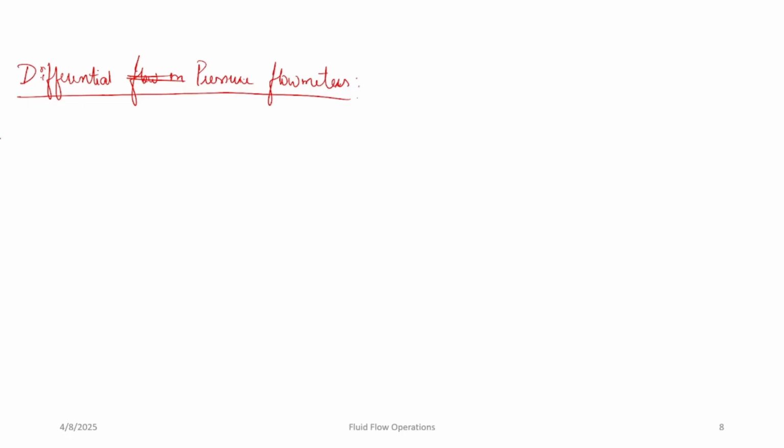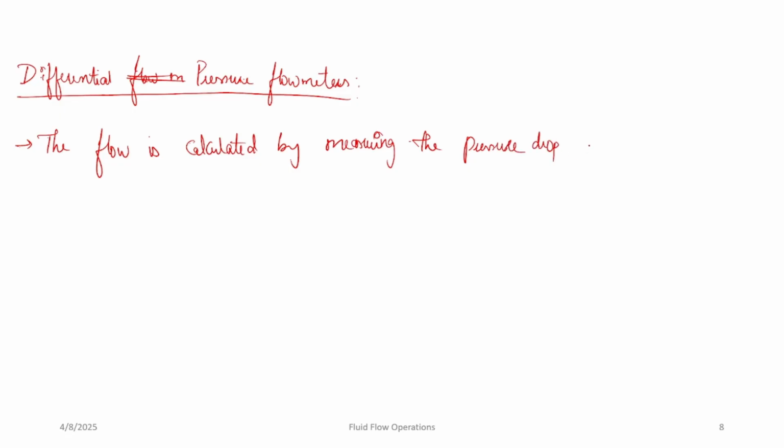Okay, let me write it down. The flow is calculated by measuring the pressure drop over an obstruction inserted in the flow.